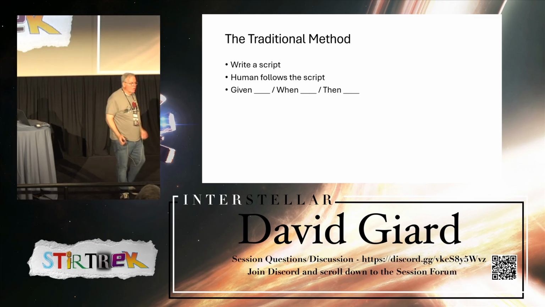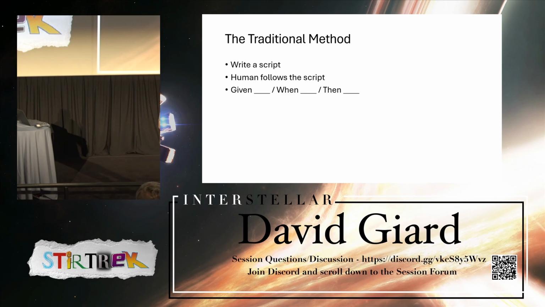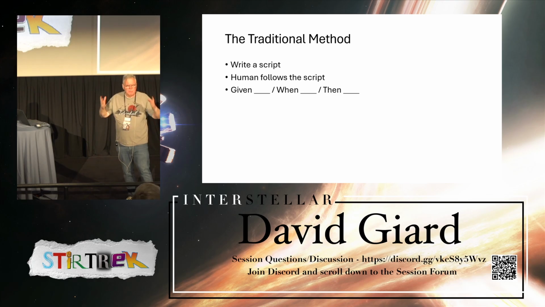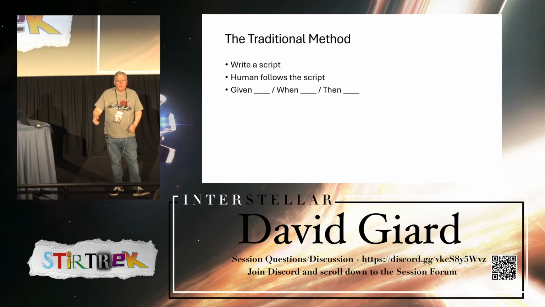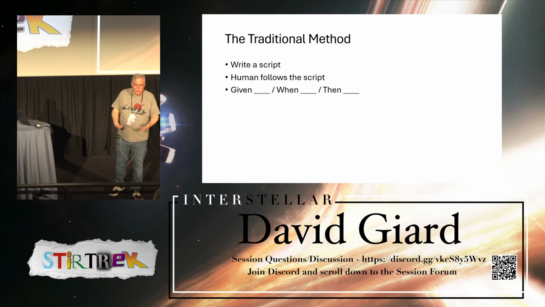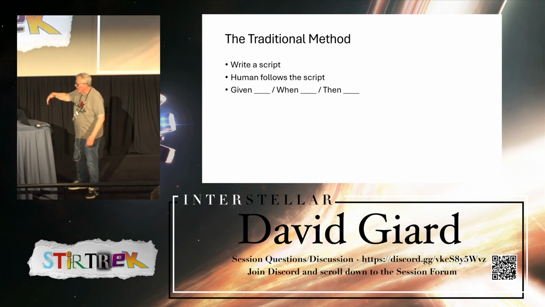Historically, this is how people have done user interface testing: they'll write a script, a text document, something in Microsoft Word, for example, and hand it to a human being, and the human being will look at it and say, okay, test 1. Usually they're structured in this way.